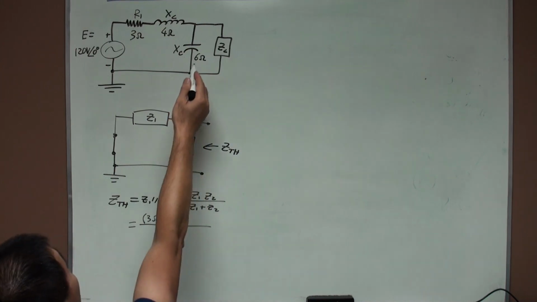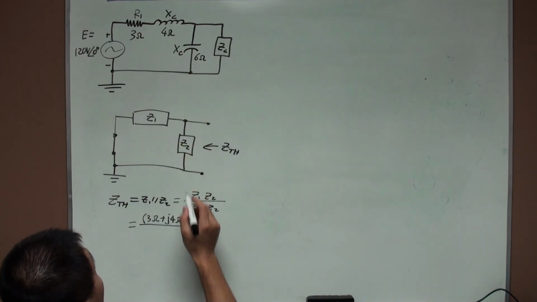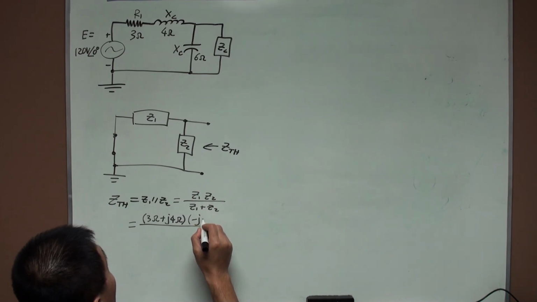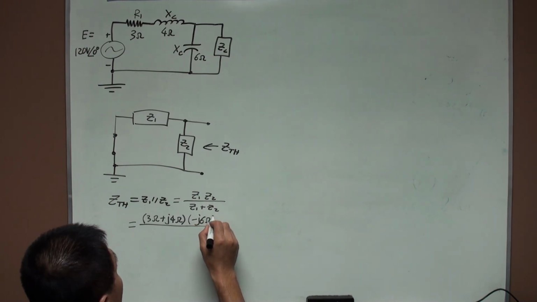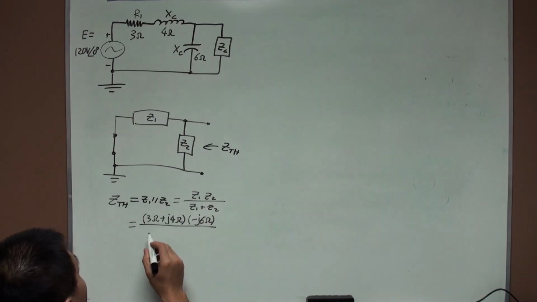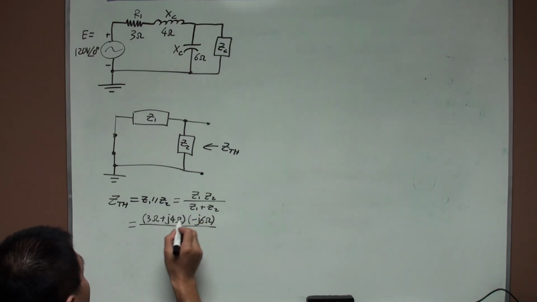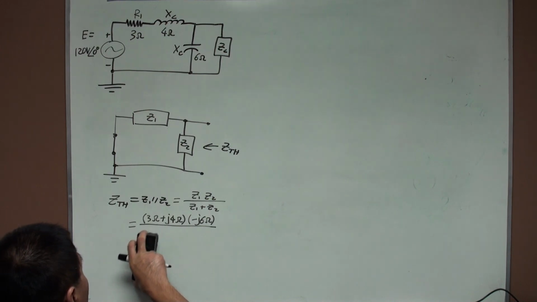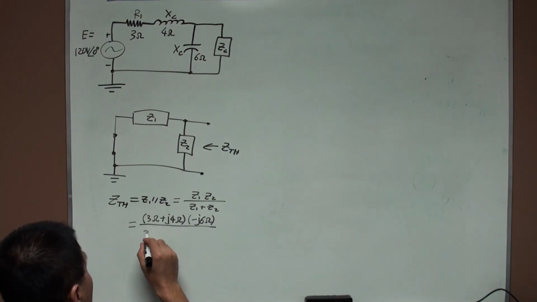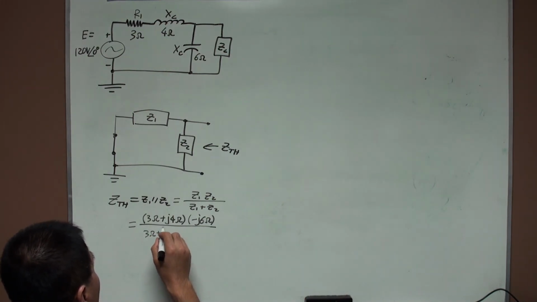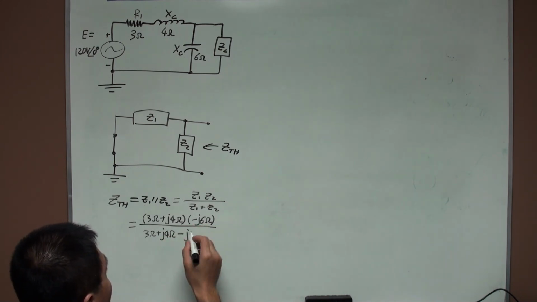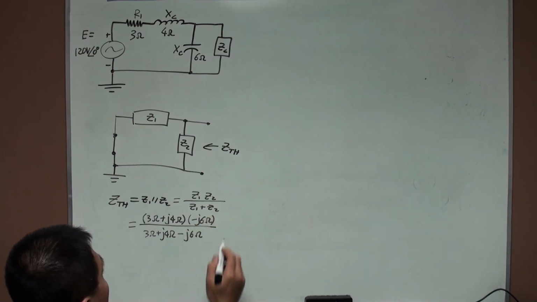Z2 is the impedance for the capacitor, which is negative j6 ohms. So the bottom is 3 ohms plus j4 ohms minus j6 ohms.